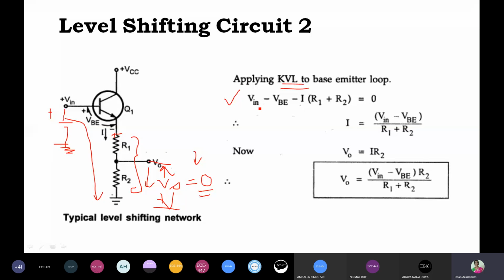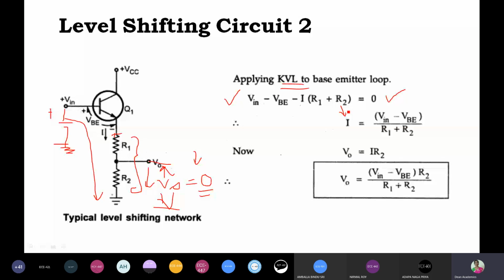Otherwise, you rearrange this equation: Vin minus VBE minus I into (R1 plus R2) equal to 0.